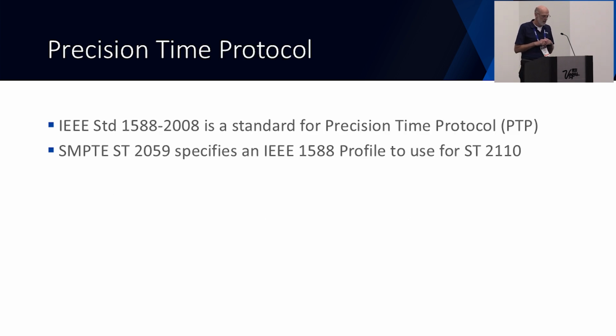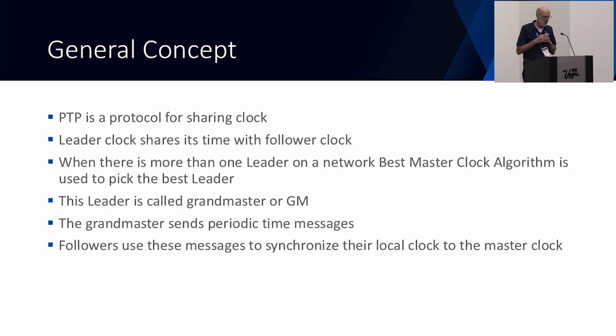Okay, so Precision Time Protocol, it's a spec from the IEEE 1588, and there's a specification in SMPTE called 2059. It's actually a specification that explains the profile to use, the 1588 profile to use for 2110. And so PTP is a protocol for sharing clock. A leader clock shares its time with the follower clocks.